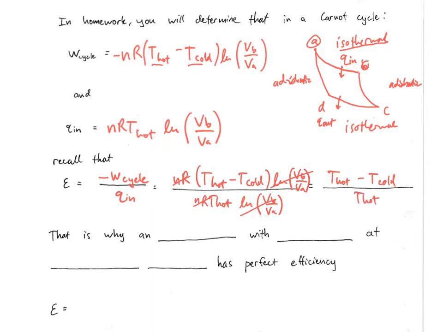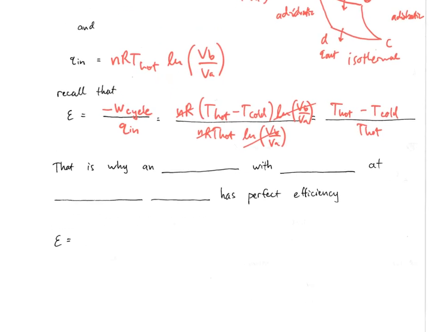All right, and we will see that this is why an engine with the temperature of the cold reservoir at absolute 0 has perfect efficiency. If you set T cold equal to 0, then you get T hot divided by T hot, and so that's an efficiency of 1, which is perfect efficiency.